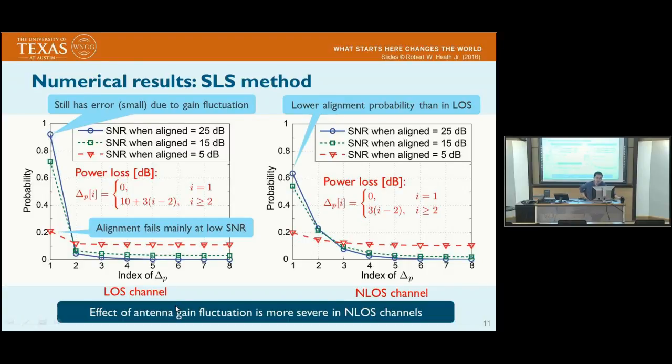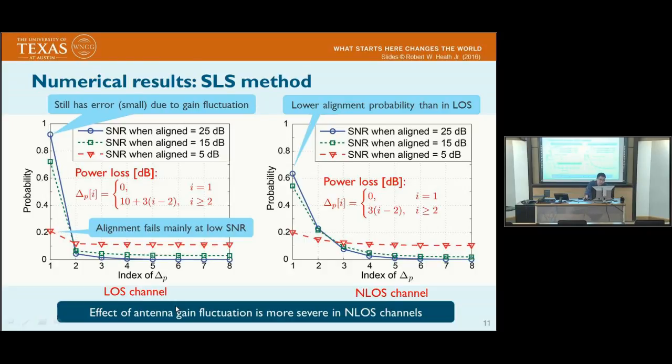And this is the result for the SLS method. By that assumption we have 8 different beams, 8 different sectors. So we can have different levels of power loss based on which pair is selected. So for the line of sight channel here, we can see that when the SNR is high enough, it gets quite accurate, more than around 90%.